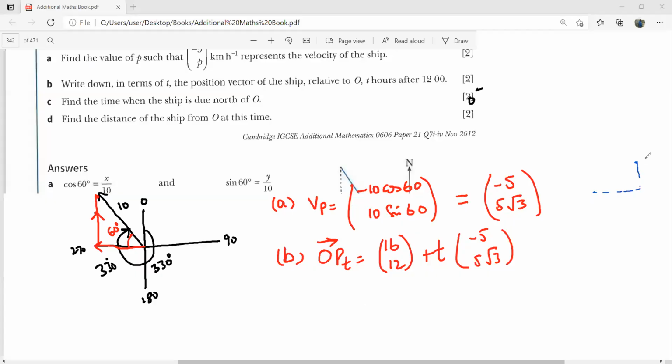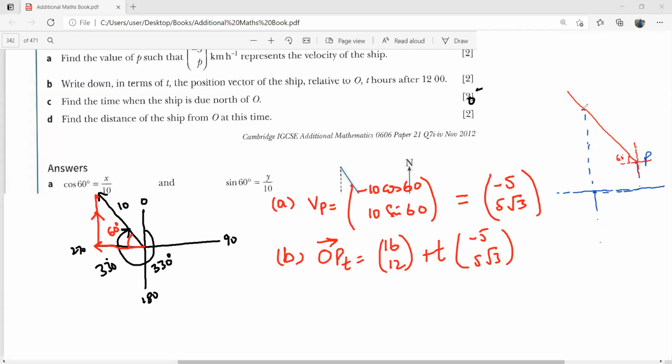This is the initial position here. And your north is like this, and this is your east-west line. Now, our ship is going, let me show the bearing here as well. If I draw that east, west, north here, the ship is going in this direction here, because this angle is 60 degrees.